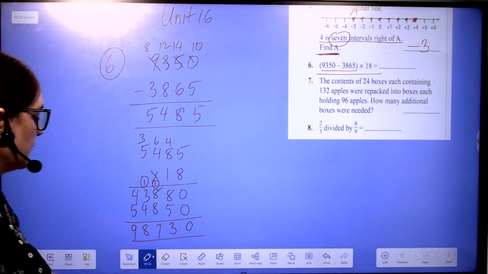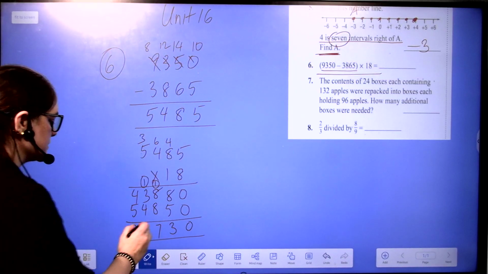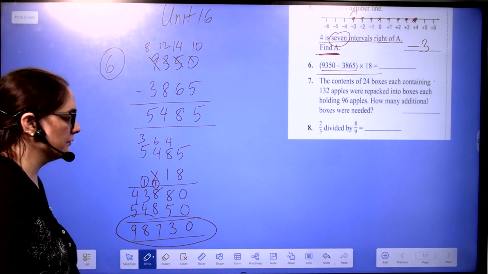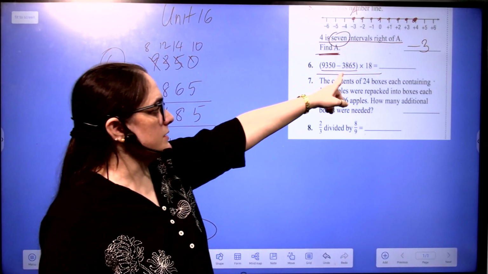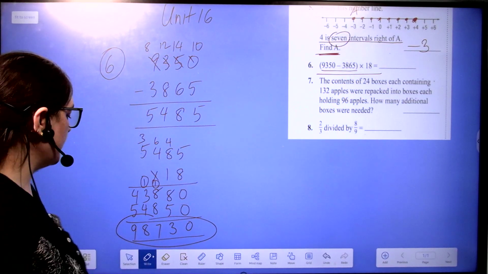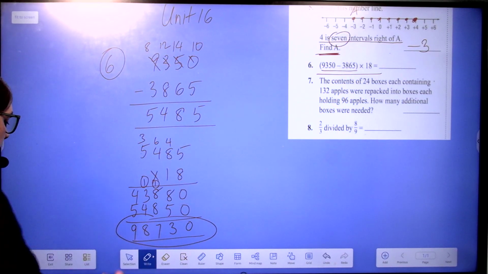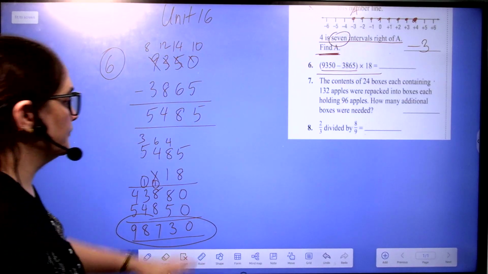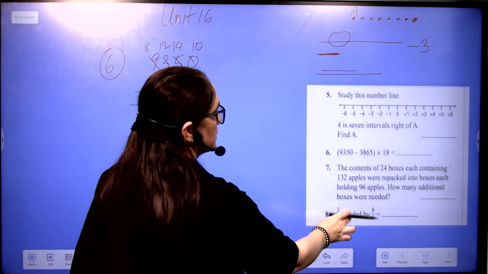So this should be my answer for question 6, 98,730. Okay, first we subtracted and then whatever we get after subtraction, we have to multiply that by 18. So let's move on.